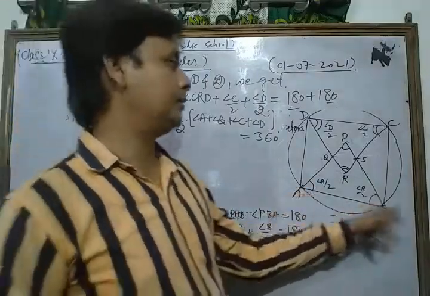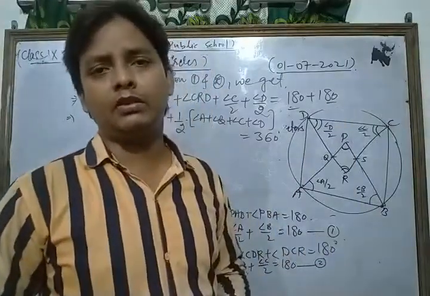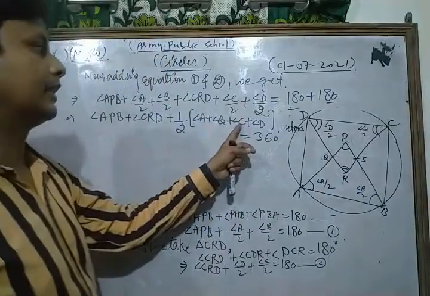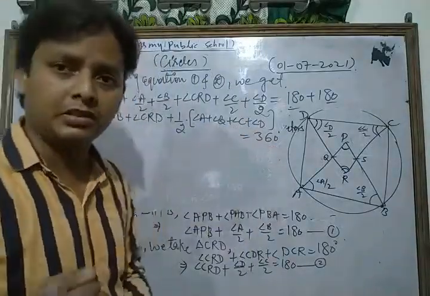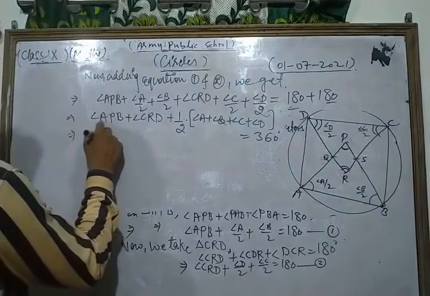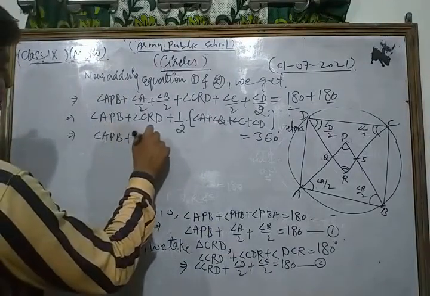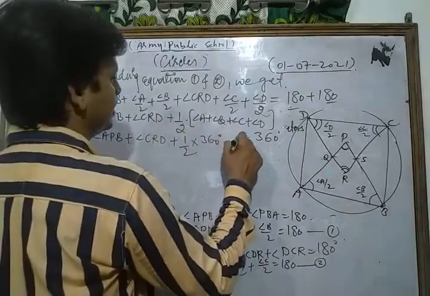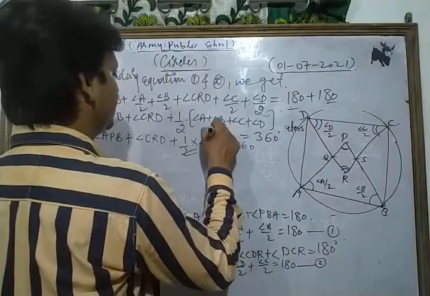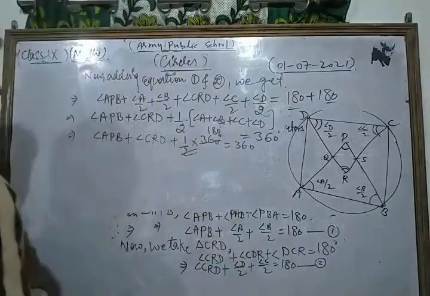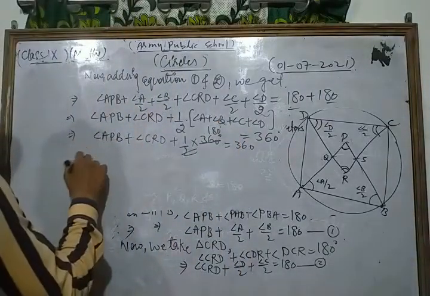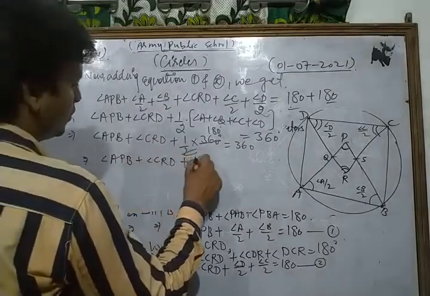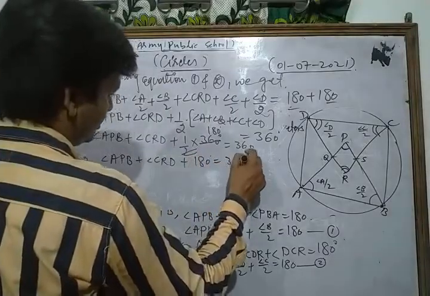If we take quadrilateral ABCD, then the sum of all angles of the quadrilateral is 360. So angle A plus angle B plus angle C plus angle D is 360, and half of 360 is 180 degree. So we get angle APB plus angle CRD plus 180 is equal to 360 degree.